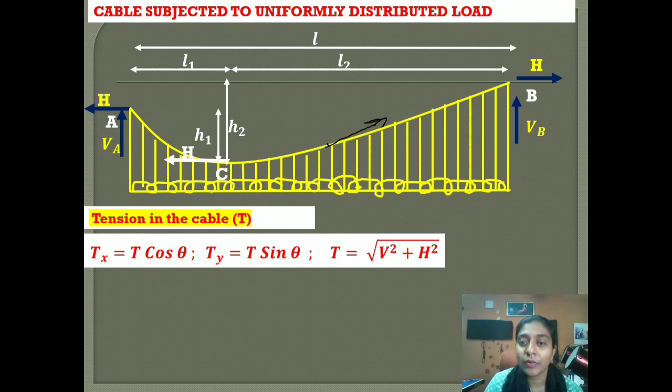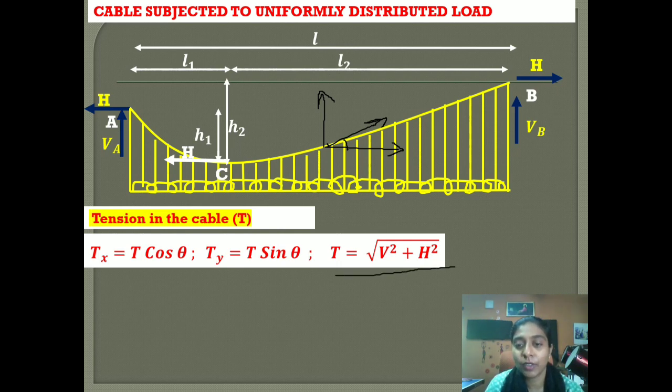So this tension will make an angle of theta with the horizontal, and this can be resolved into horizontal and vertical components as T cos theta and T sin theta. So the tension in the cable can be resolved into horizontal and vertical components.